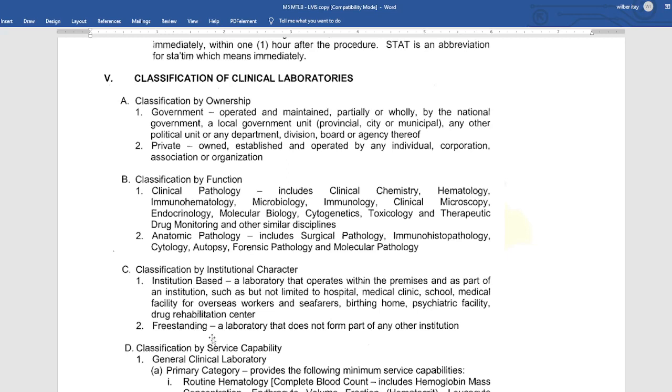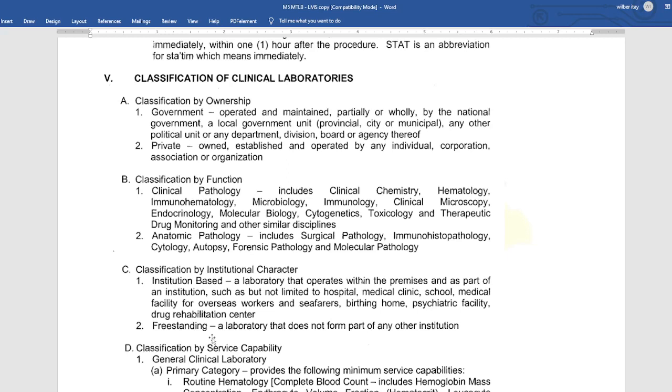When we say institution-based, the clinical laboratory is within an institution. Nasa loob siya ng hospital, mga ganyan, or nasa loob ng RHU, okay, nasa loob ng clinic, nasa loob ng university. Those are institution-based. Kapag freestanding siya, hindi siya under ng institution, nag-i-exist lang siya as a laboratory.